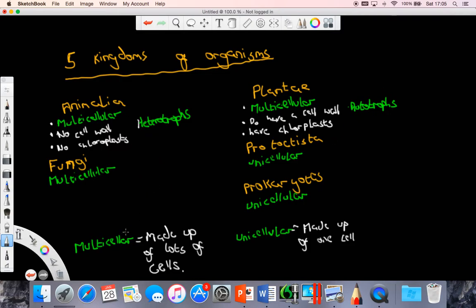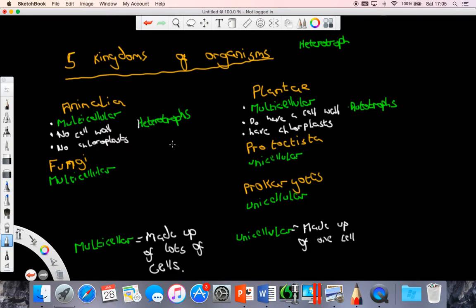Now, the best way to think of these words, so for example heterotroph, troph simply means to eat. So if an organism eats another organism, it is a heterotroph. Hetero means different, troph means to eat.